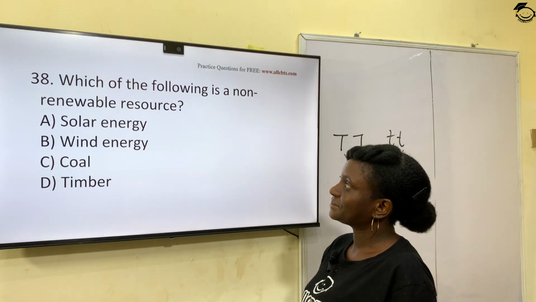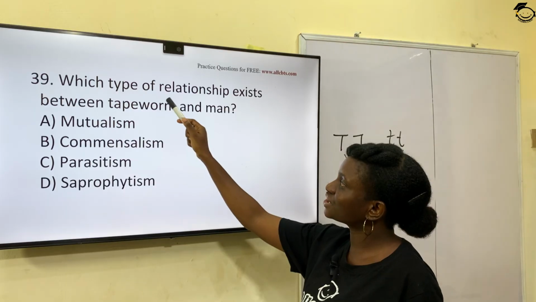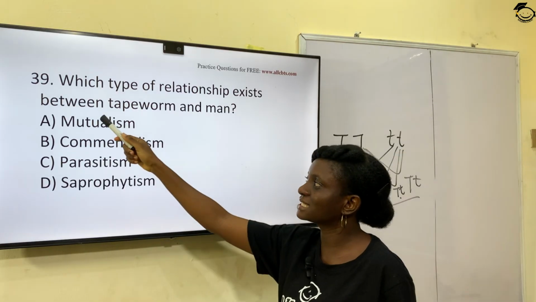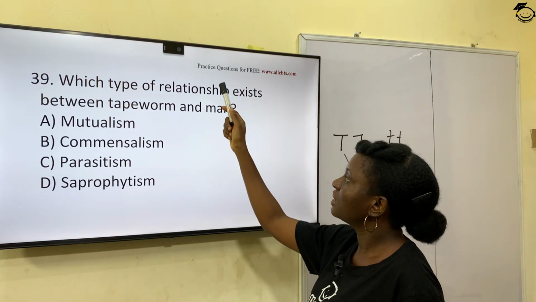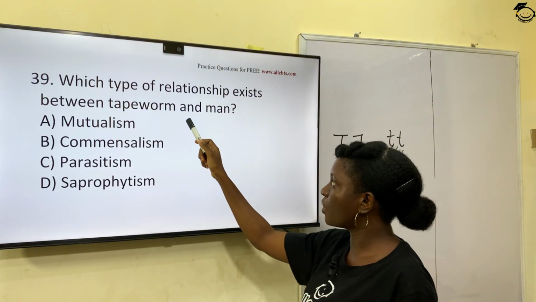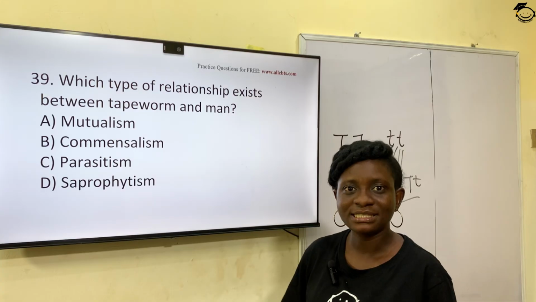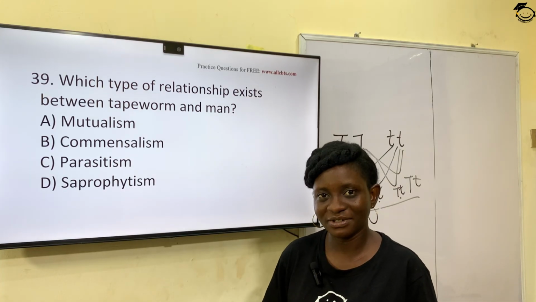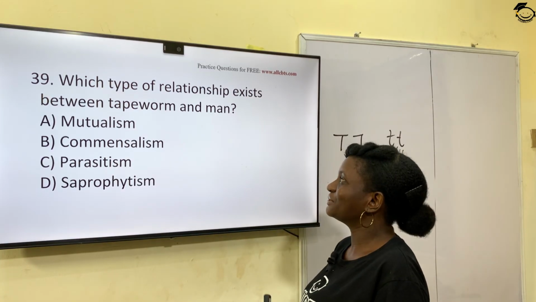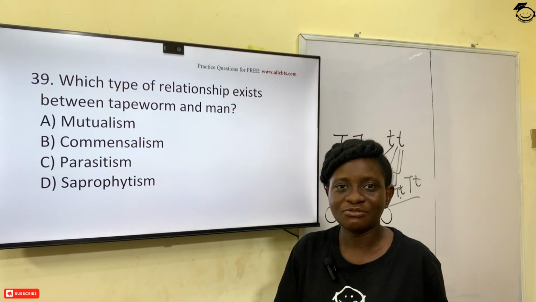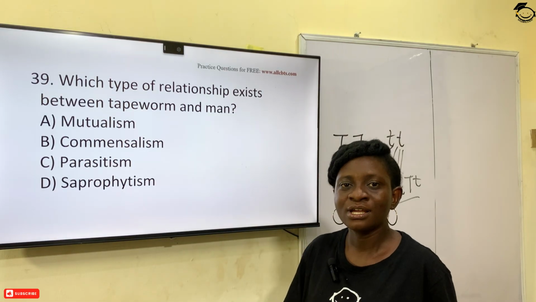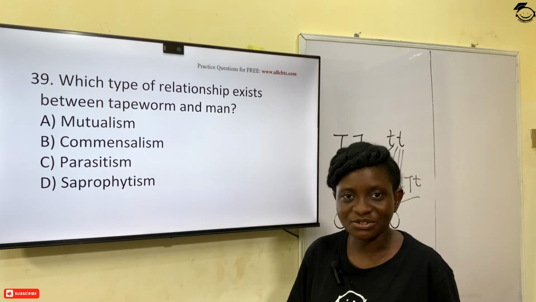Question 39. Which type of relationship exists between tapeworm and man? Even tapeworm and man have some kind of relationship. But what kind of relationship actually? We have different kinds of relationship.